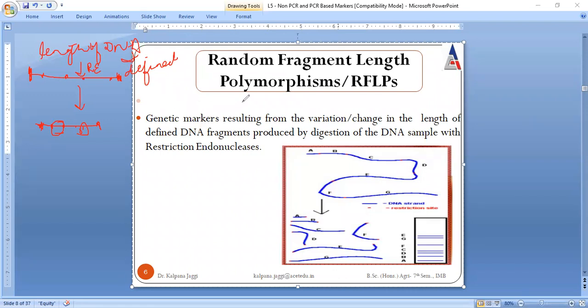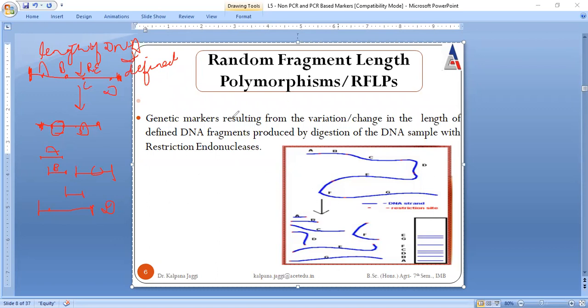And which kind of genetic markers? RFLPs. See, the name itself indicates restriction fragment length polymorphism, because when the DNA is acted upon by a number of restriction enzymes, fragments of different lengths will be produced. Say this is A, this is B, C, D, then fragments of different lengths A, B, C, then say this is D. All these fragments have one marker located on them.